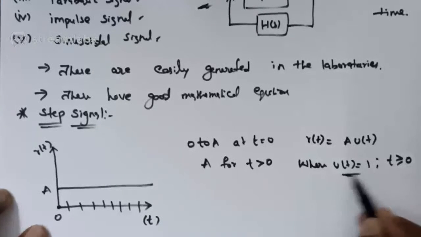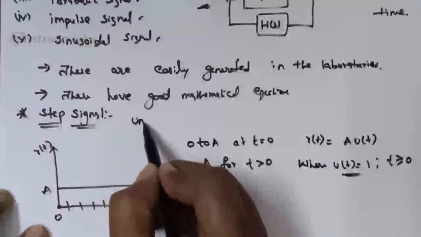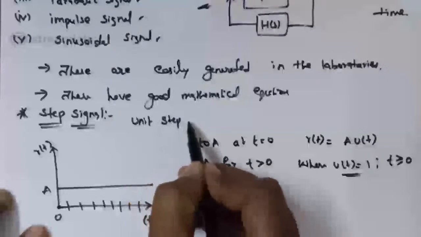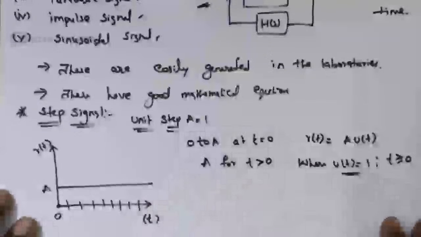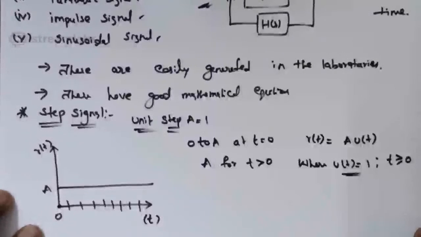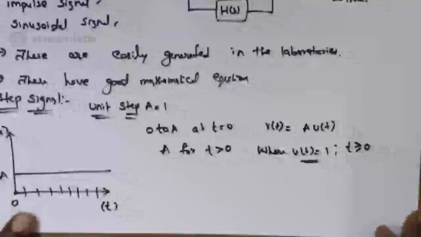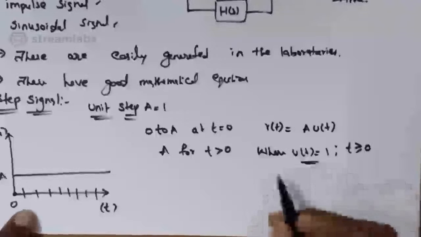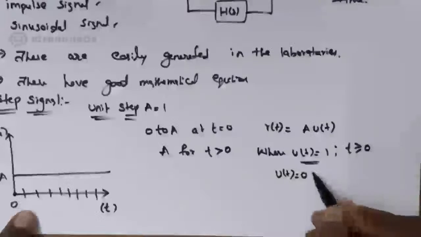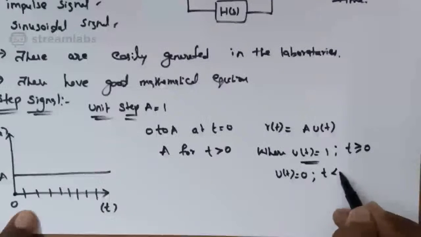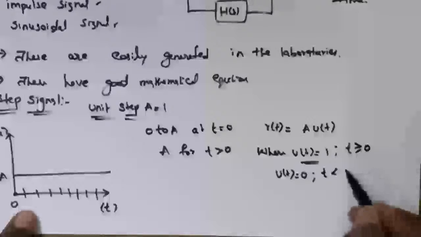This belongs to the unit step, so for a unit step, A is equal to 1. U of t is equal to 0 for t less than 0.